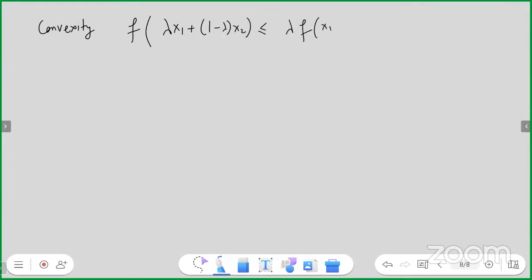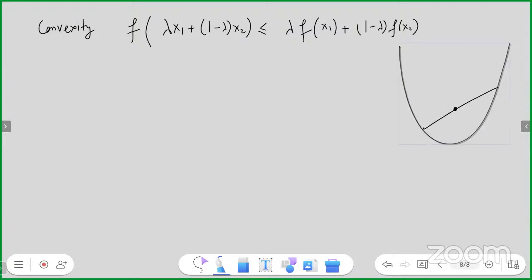Lambda f of x1 plus 1 minus lambda f of x2. Always the picture helps. So what is this point? And what is this point? So this is my f of this, and this is lambda of f plus 1 minus lambda.